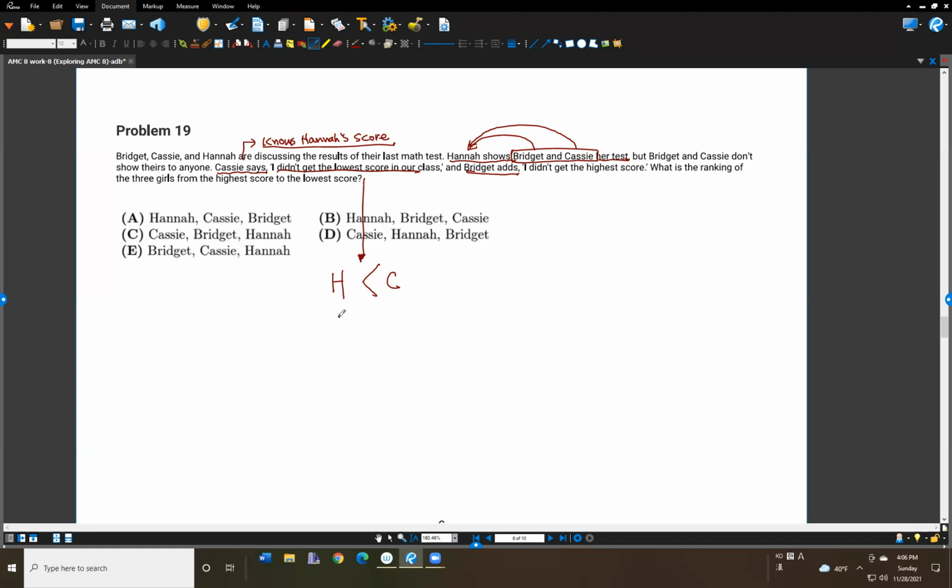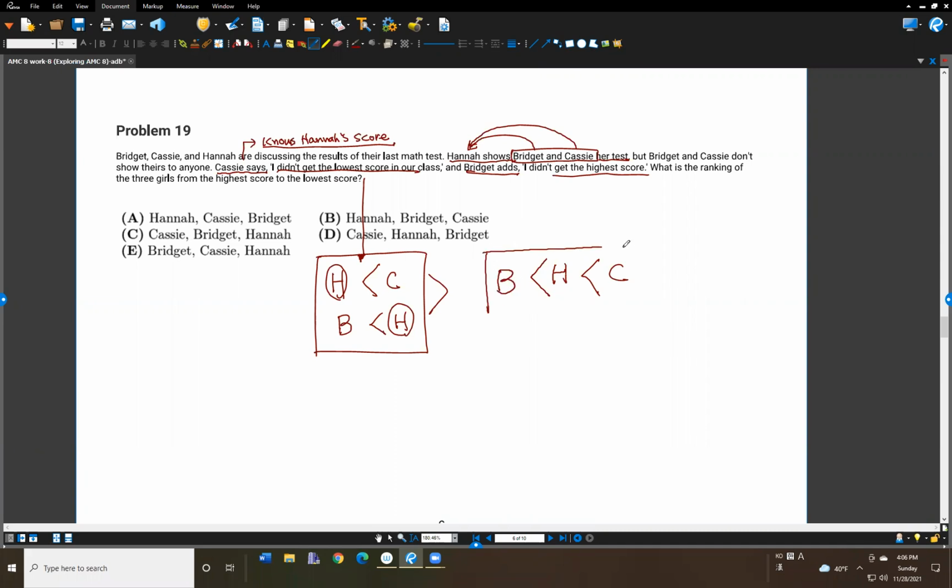So Bridget said lower score than Hannah, that's why he didn't get the highest score, right? That's the given. So take H and H over here. Combine this one. C is the highest. Hannah is next. Bridget is less than Hannah, right? Those are the scores.